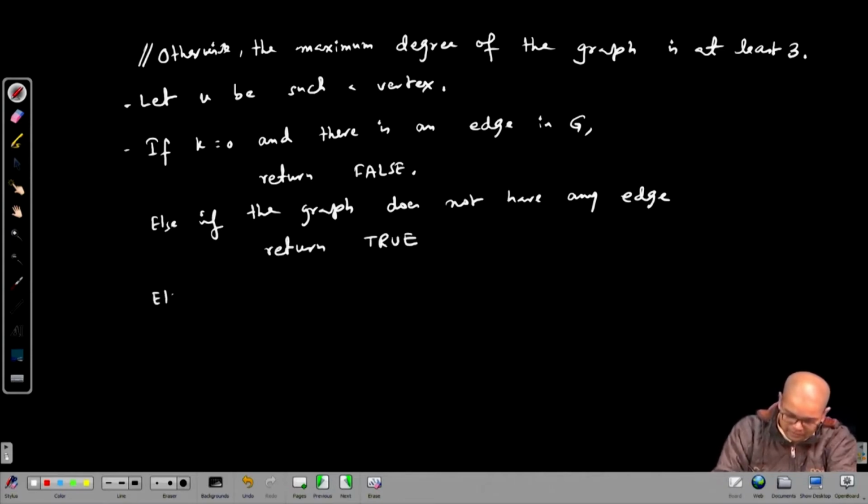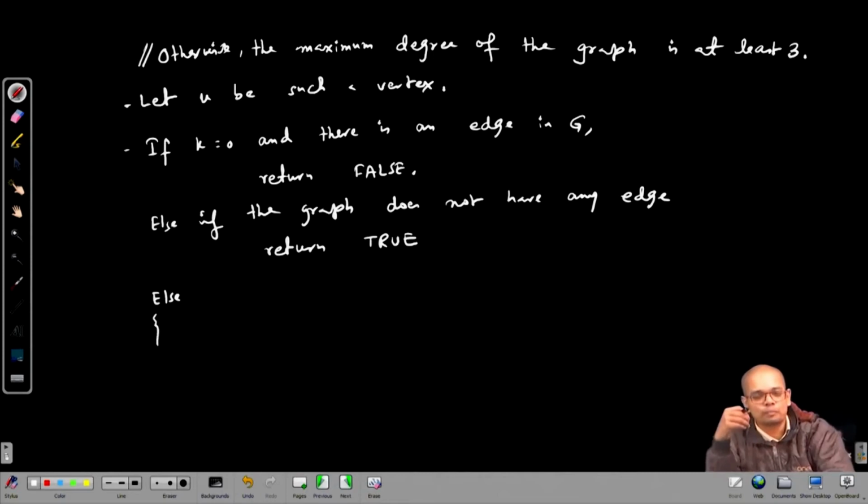Else, let U be such a vertex. Either you pick U and recurse, but if you don't pick U, you have to pick its neighborhood.